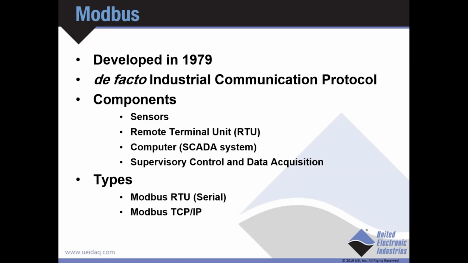The main components of Modbus that you'll hear about are the sensors. That can be thermocouples, RTDs, pressure transducers, or a simple voltage or current, 0 to 20 milliamp, 4 to 20 milliamp signal. These are going to be connected to a remote terminal unit, or RTU, sometimes referred to as a data concentrator.